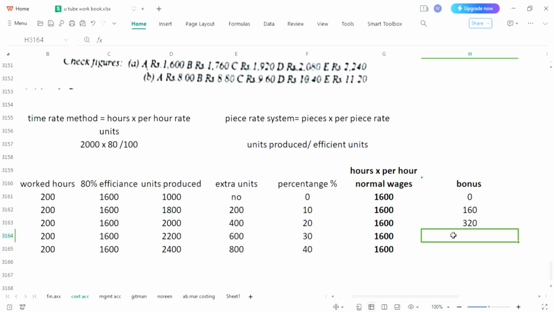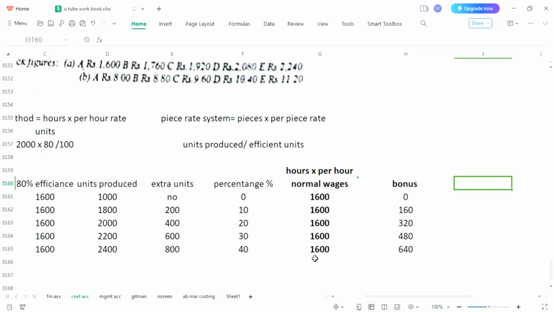In the similar way, you will give bonus to the second last worker, 30%. 1600 was the original amount of wage, and you will calculate 30%. And this would be the amount of bonus for worker D. And now for worker E, 1600 was the original amount and you need to give him 40% extra bonus. So here we have normal wages and bonus.